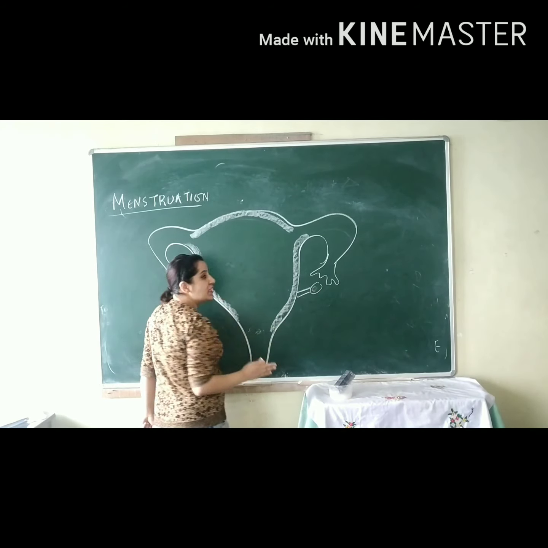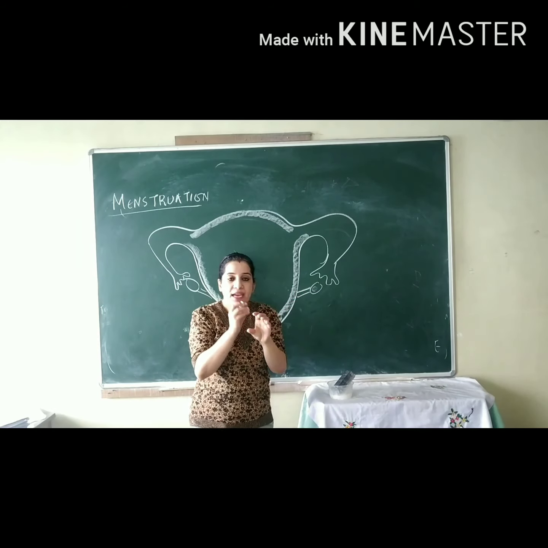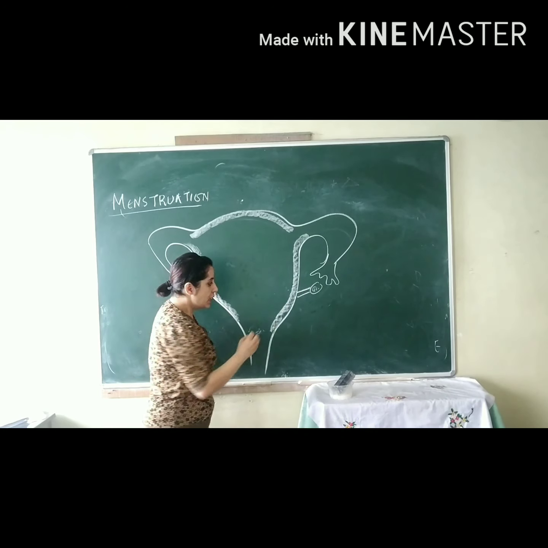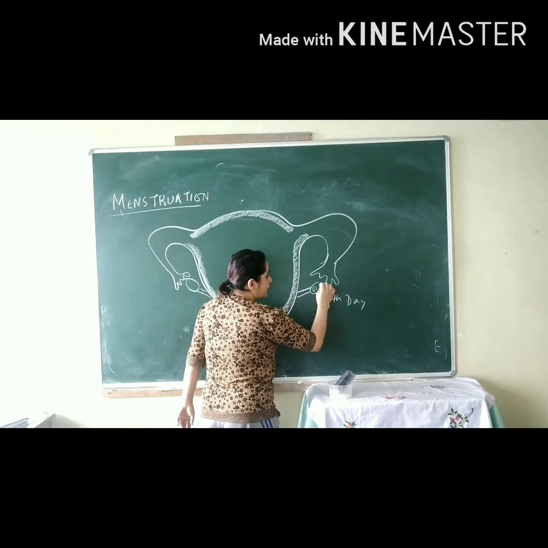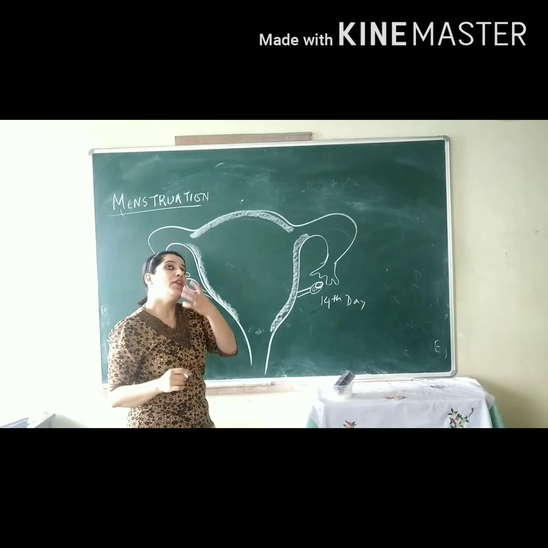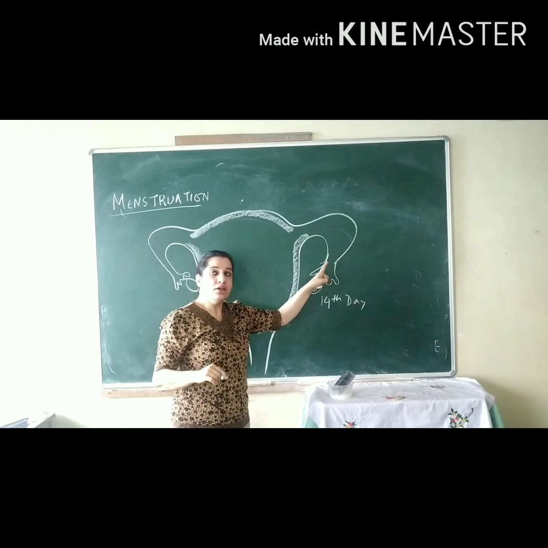Now on the 14th day, that means once the egg has started developing, suppose that's the first day when the egg has started developing, then on the 14th day, the egg is released from the ovary, and who receives it? The oviducal funnel.